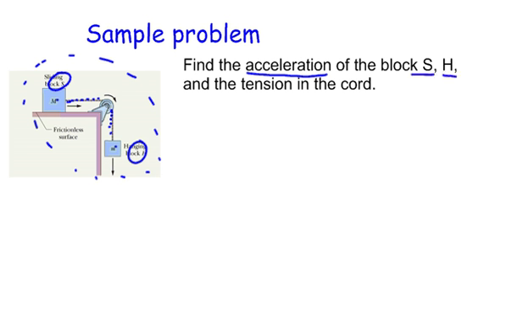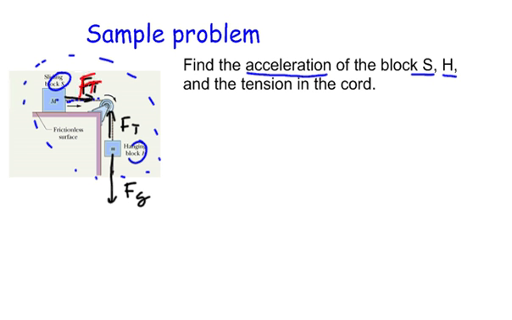Okay, if we think about the forces going on, the hanging mass has the force of gravity pulling it down and the force of tension pulling it back up. And that same force of tension is pulling this mass. Let's do these in red.